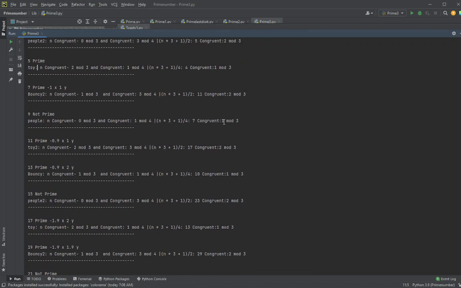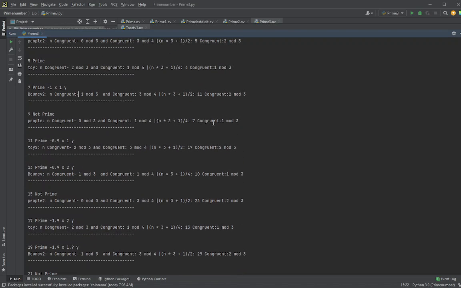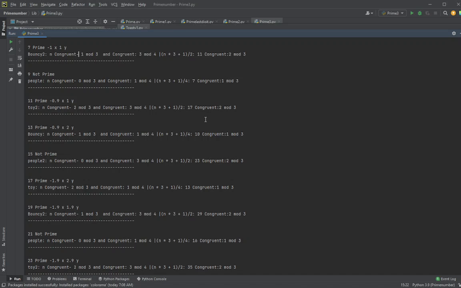Not all of them. Like 7, but then 7 breaks down into 2 mod 3. So they cycle all the way to 2 mod 3, but there are exceptions, and it's at the odd numbers that have even numbers.